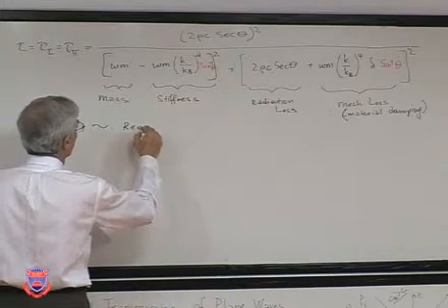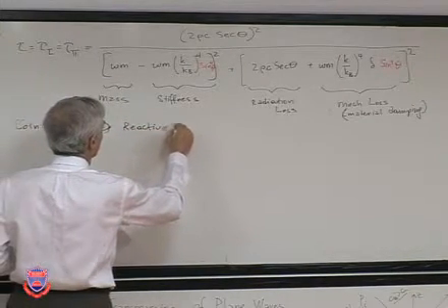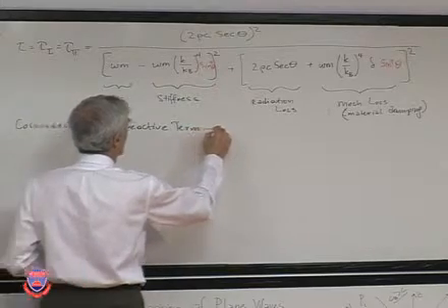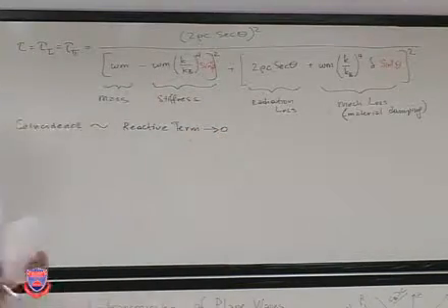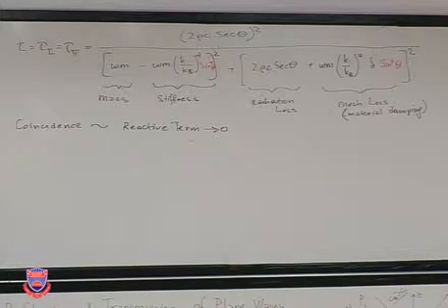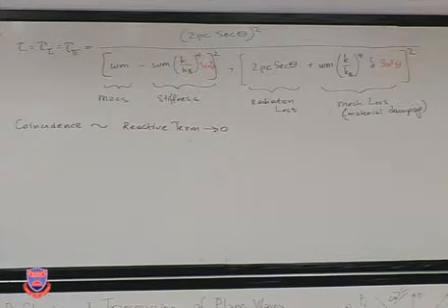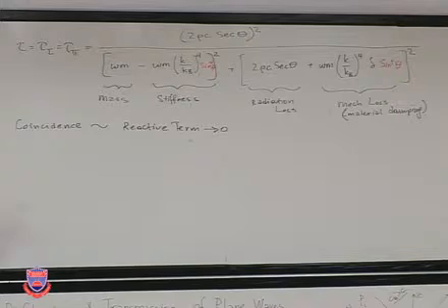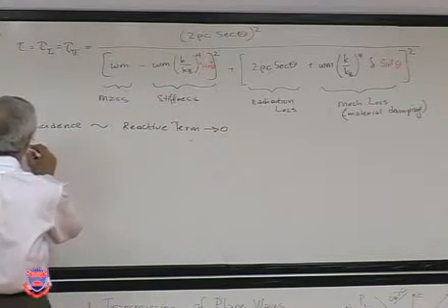Coincidence is the reactive term goes to 0. In this part, right? That goes to 0. And this affects, of course, the radiation at all frequencies, okay?